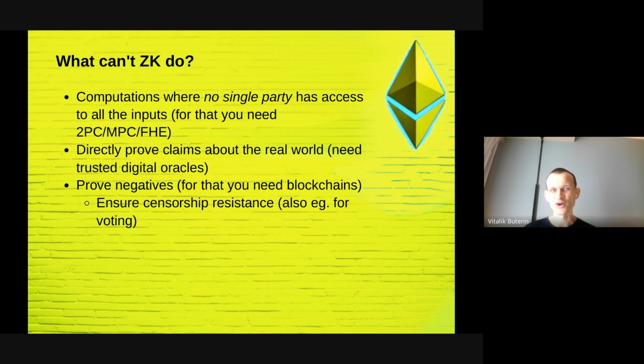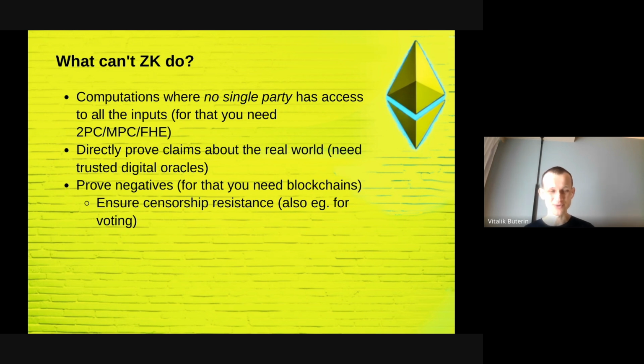If you want a stronger property, called coercion resistance, where you can't prove how you voted, even if you want to, which is a useful property because it would prevent bribing, then you actually need to do computation that somehow involves both a voter and another actor that can decrypt, but that would not be able to see anything about a vote except for the contents. And so to get optimal properties there, you need one of these other tools.